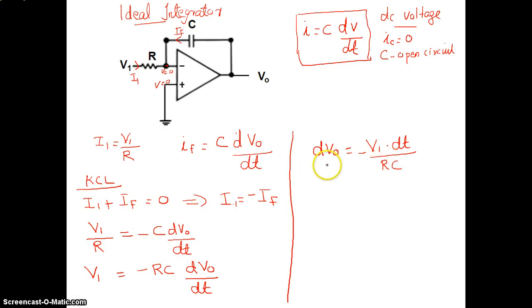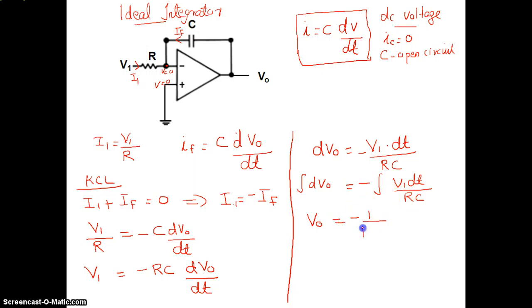Now, for getting Vout, I have to take the integration on both sides. So integration of dVO should be equal to minus integration of V1 dt divided by RC. See, integration of dVO will be VO, and RC is a constant for integration, so it can come out of the integration.